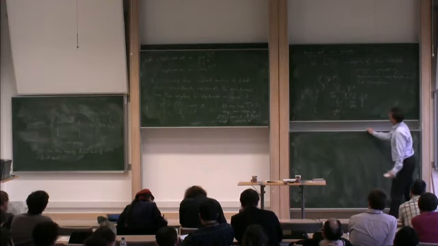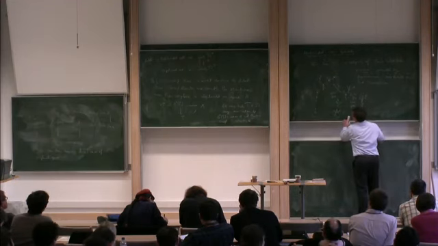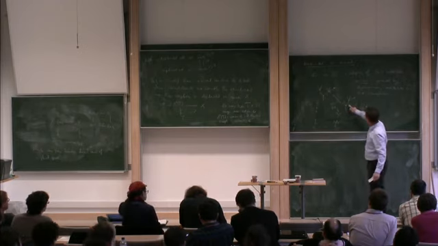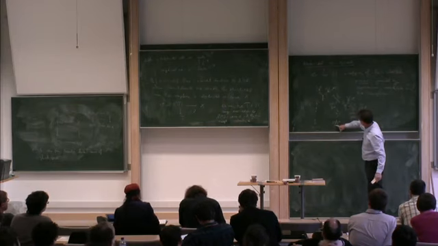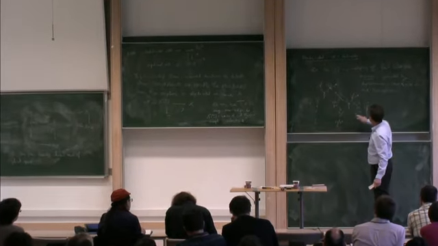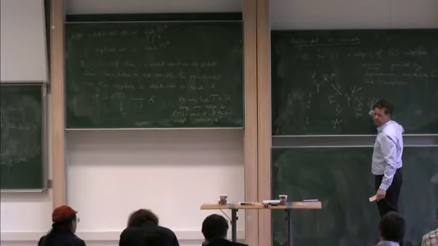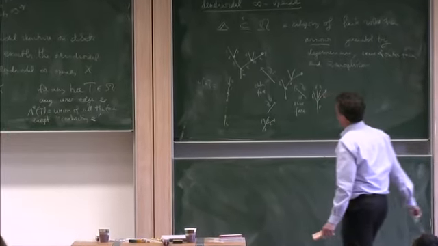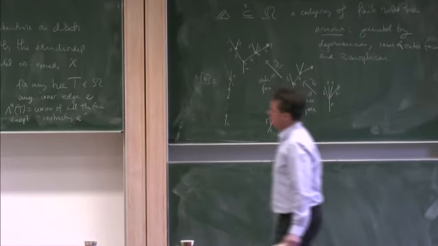I don't know whether I made a clever picture for this example, but maybe lambda E of this tree consists of this bottom part and this top part, but it omits this face. So it's just a union of two faces in this case.